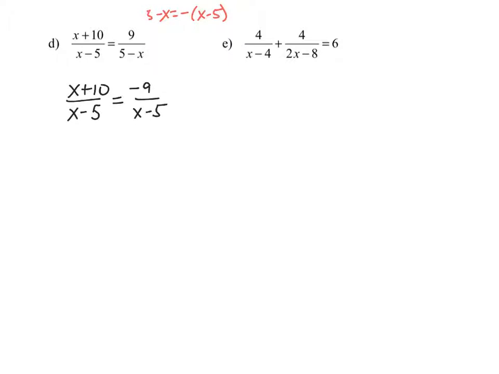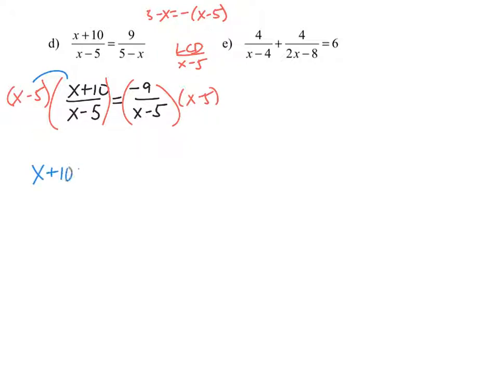Now the LCD is what I want to multiply both sides by to get rid of the fractions in the rational equation. So my LCD is x minus 5. I'm going to multiply both the left side and the right side of that equation by the LCD of x minus 5. So when you distribute here, the x minus 5s will divide out, so the left side of the equation becomes x plus 10.